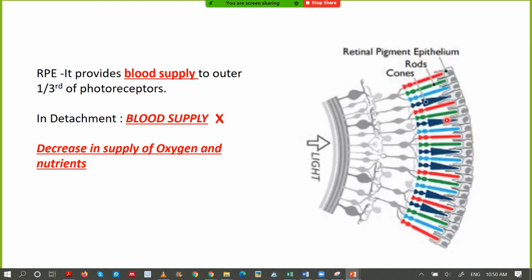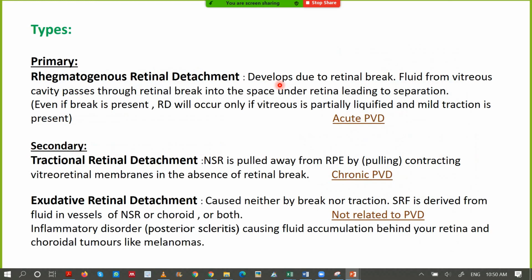Okay, so just think, this is the RPE, and here is where the neurosensory retina is going to be. When there is a detachment, the RPE and photoreceptors are detached, and this is the reason we will not have a proper supply of blood.